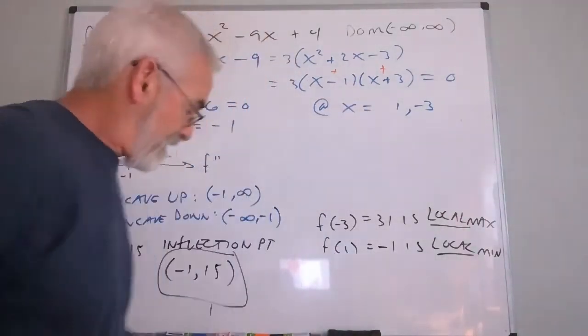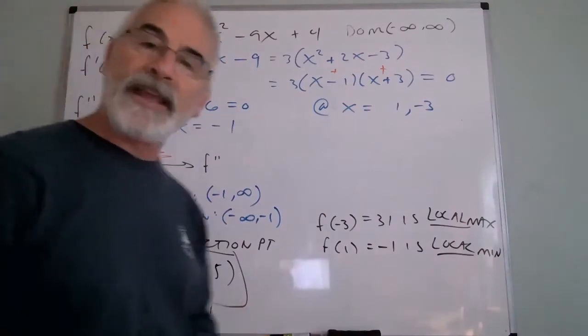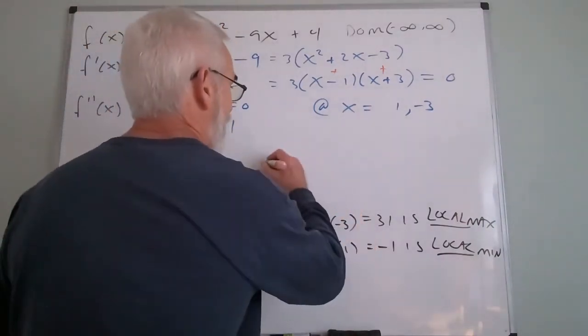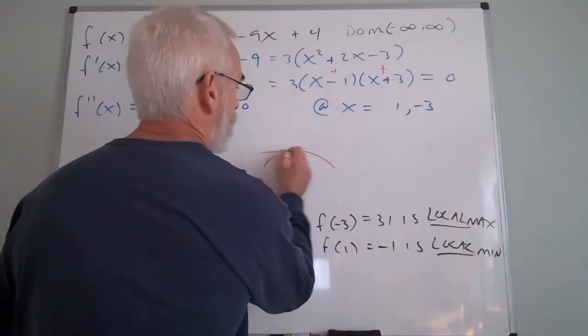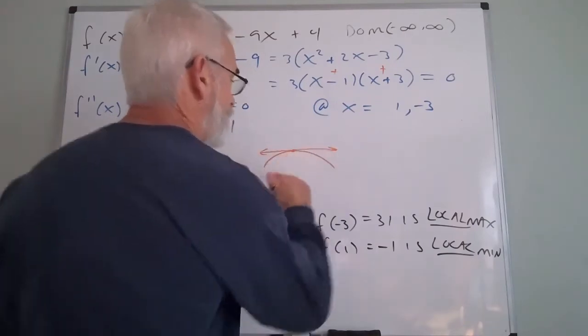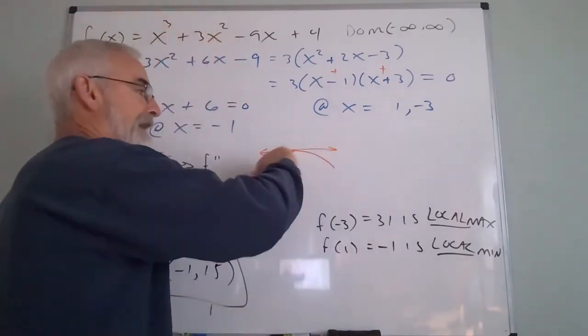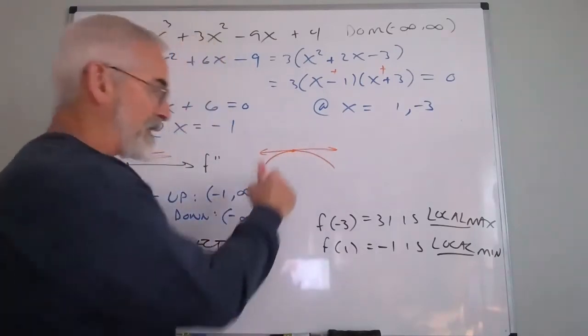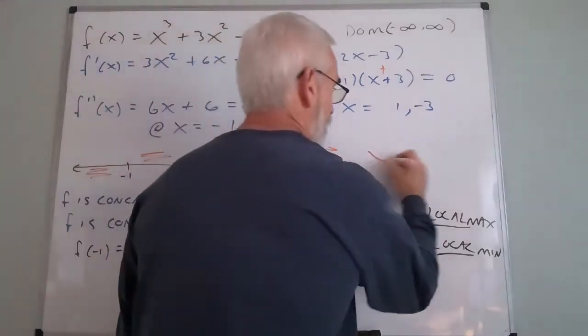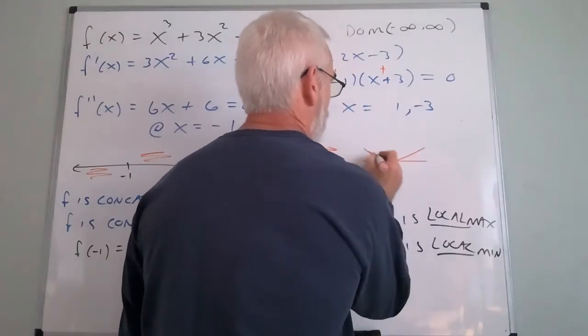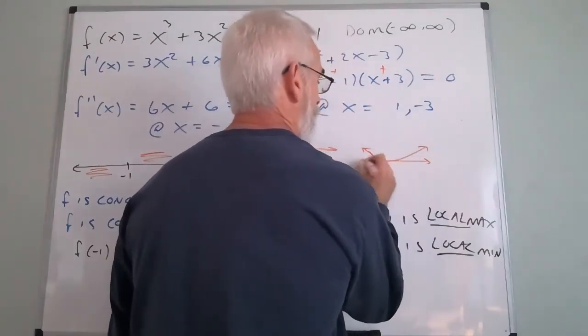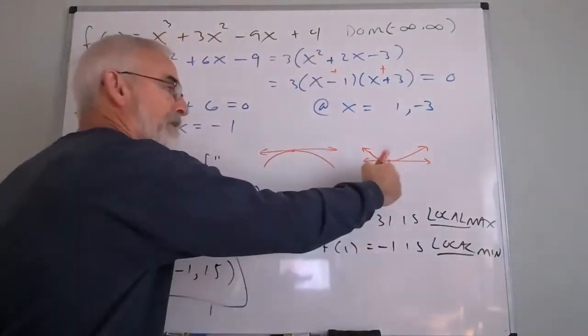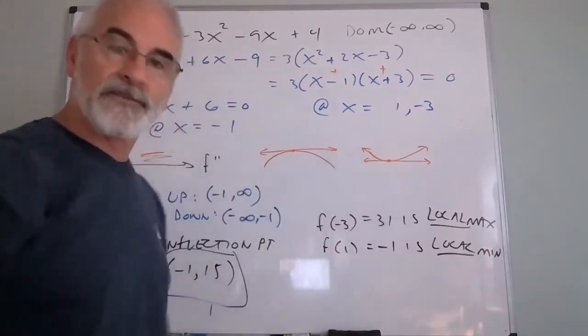Okay. So if I have a horizontal tangent and the second derivative is negative where I have a horizontal tangent, that means my graph looks like this. If I have a second derivative that is positive at a point where I have a horizontal tangent, it means my graph looks like this.